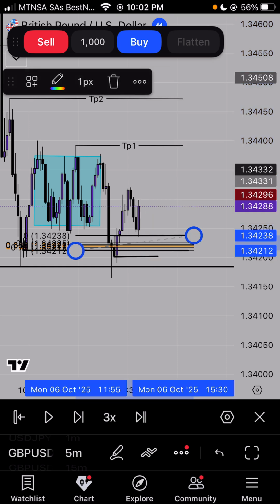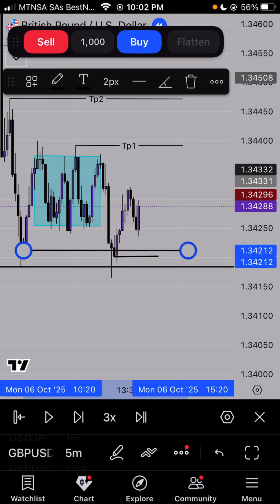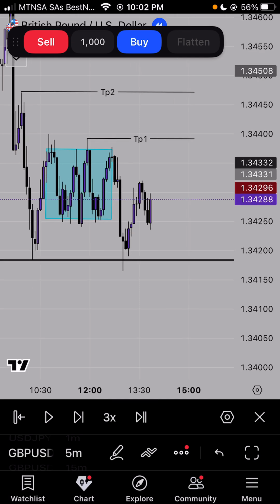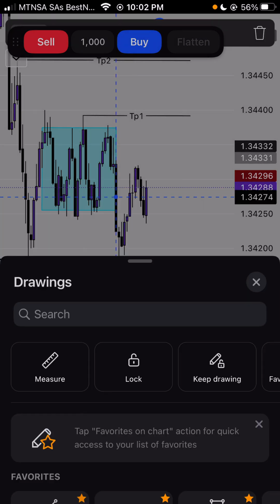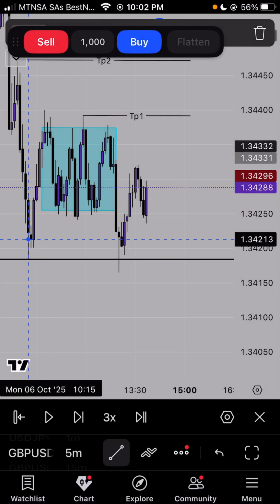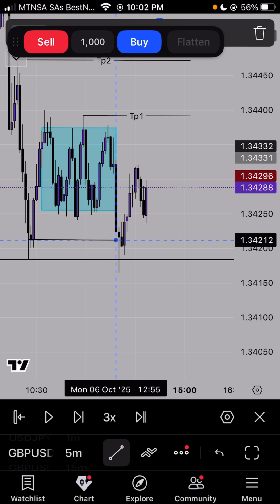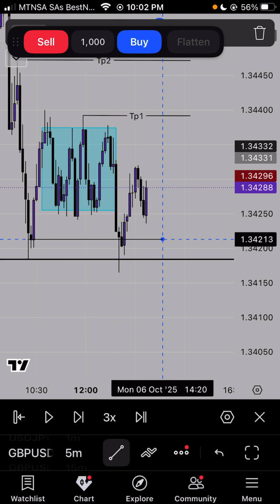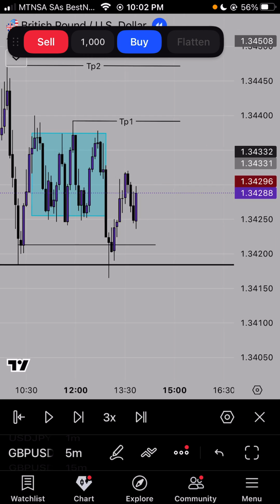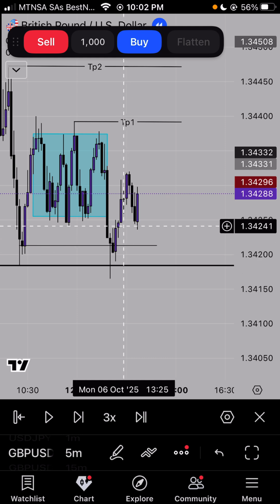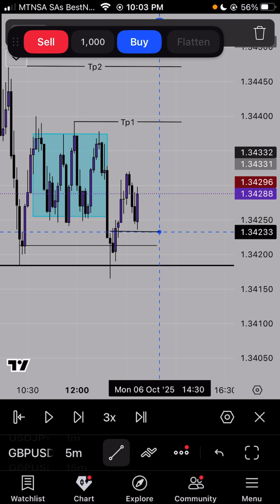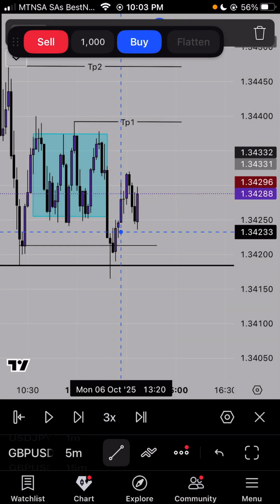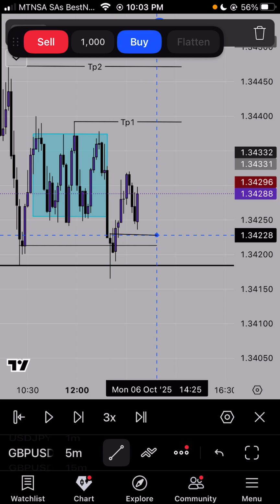Let me remove this. Like I said, here this happened. On the 5 minutes I marked out this right here, which is actually not needed, but I did mark it out. This was my CISD candle, because after this candle the market didn't move towards the downside anymore.